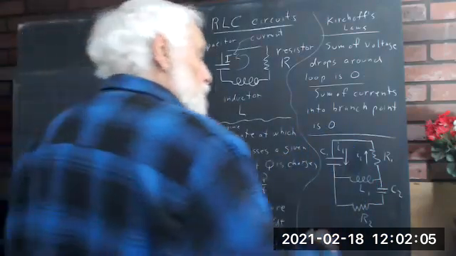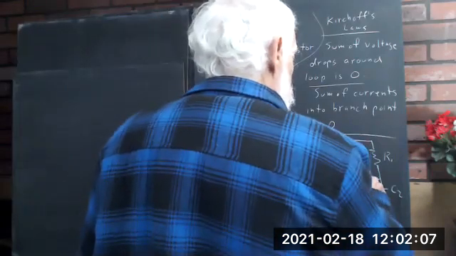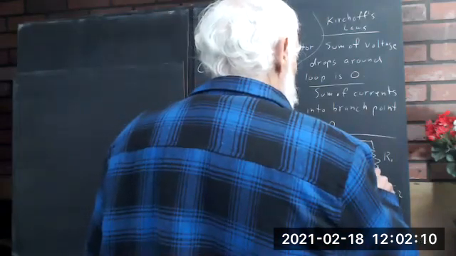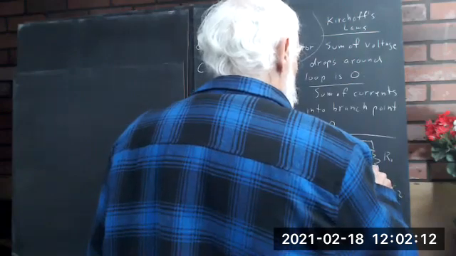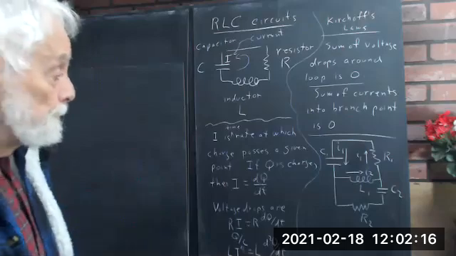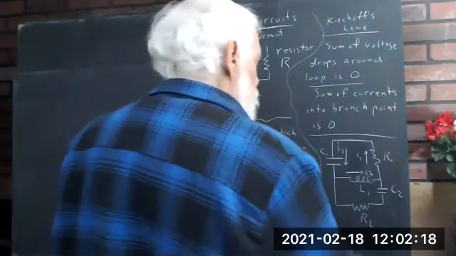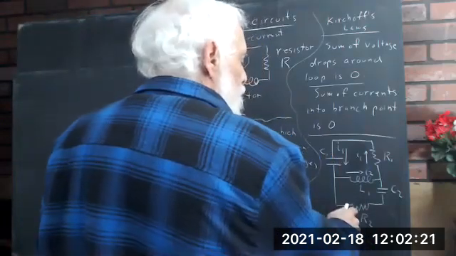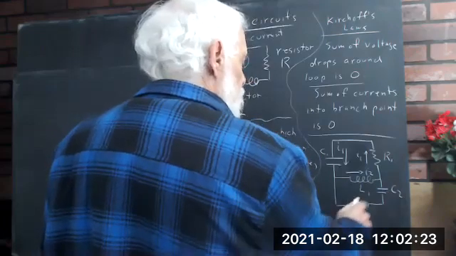Now we have some other current I2 going through L1, and still another current that has to go through R2 and C2.